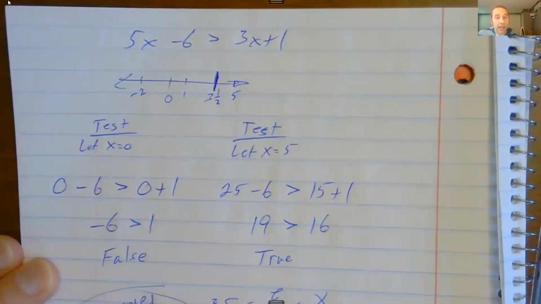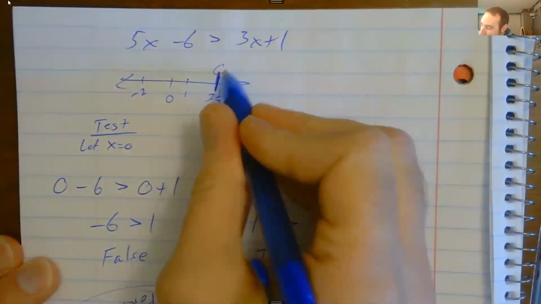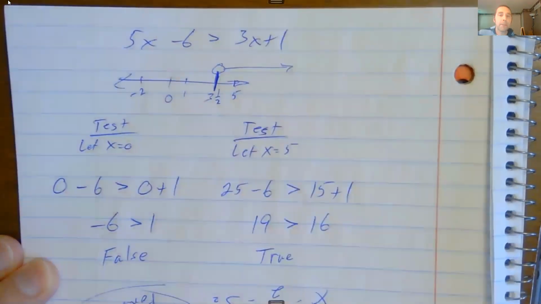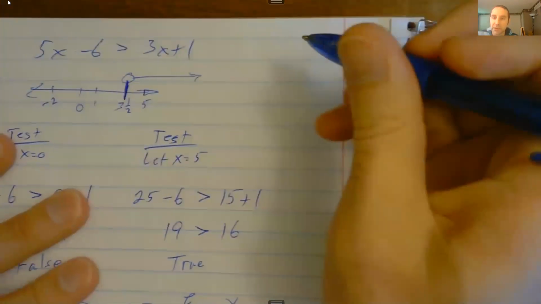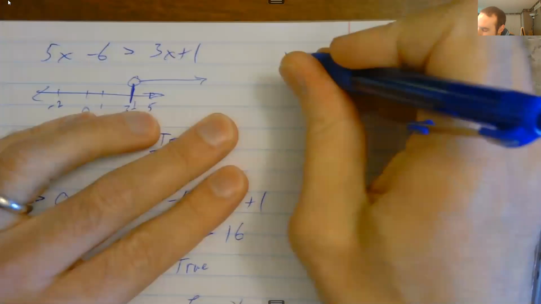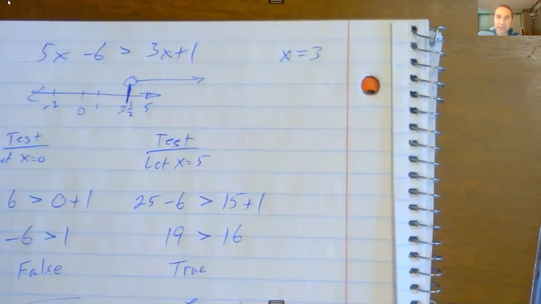And so what we found then is that anything to the right of that boundary point is a solution to this inequality. If I go back to a simpler example, if I just had the equation x equals 3, how many x's will make that a true statement?